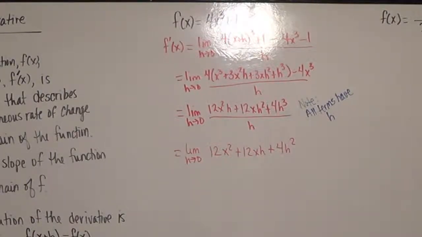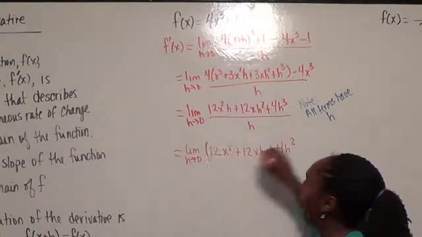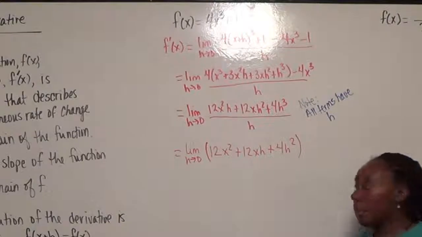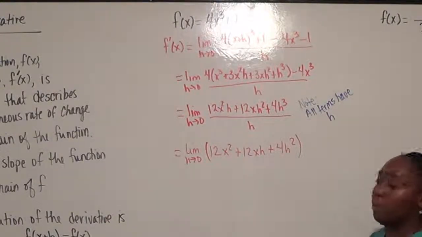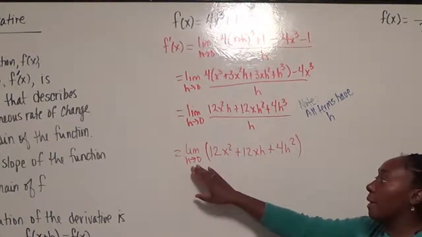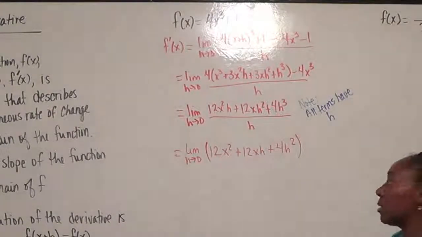Now, if I go and take the limit as h goes to 0, if you remember back when we started talking about limits, this is a polynomial function. And so because it's polynomial, there are no places this is undefined. And more importantly, it means that the limit is going to be equal to the function value because the function is continuous.